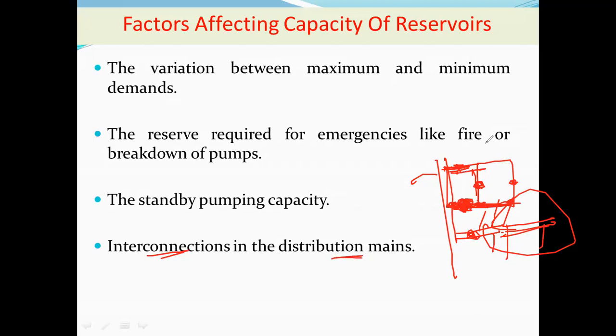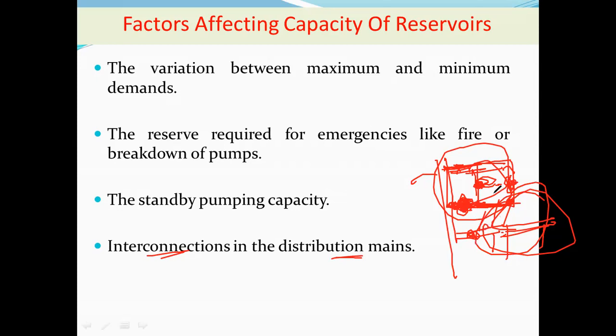If such a distribution interconnection exists, then even though there is a problem at one submain, water can flow through the other submain and reach all the laterals, right? But if such an arrangement is not there, it cannot be done.